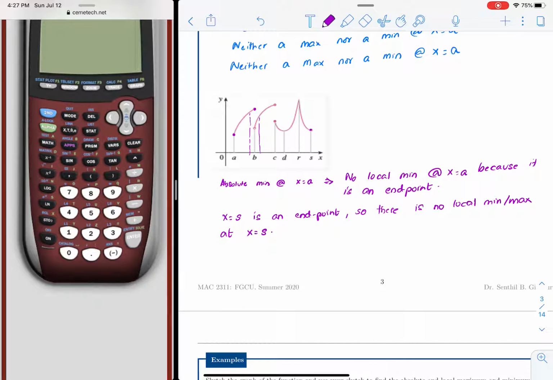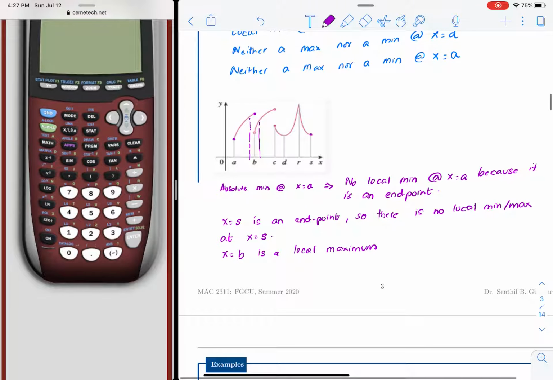So that is the local maximum for B. So x is equal to B is a local maximum, because if we look at all the values for y in that interval, the largest value happens there. And we do the same for the point C.